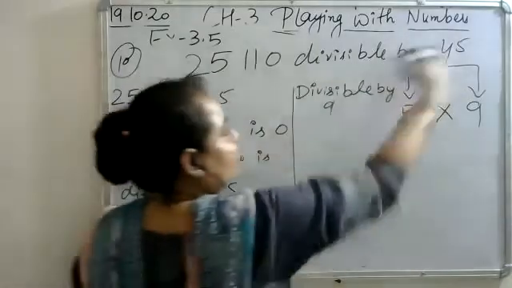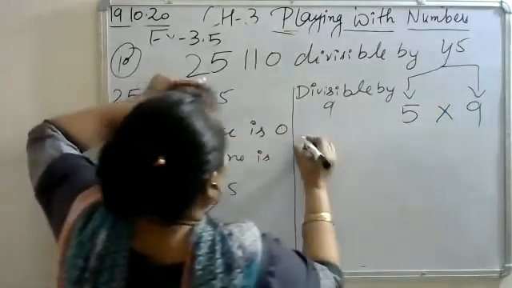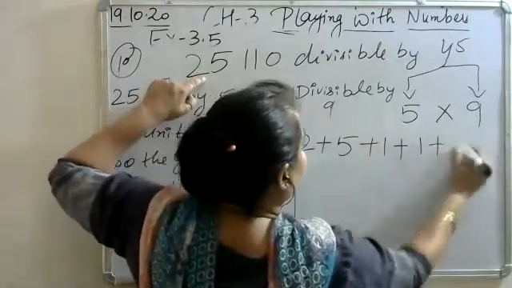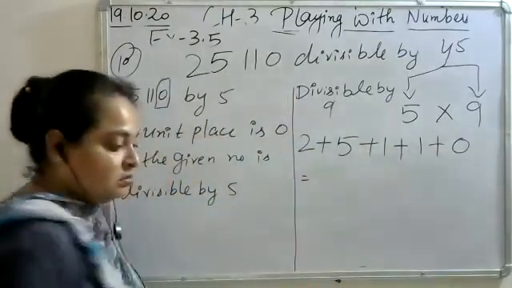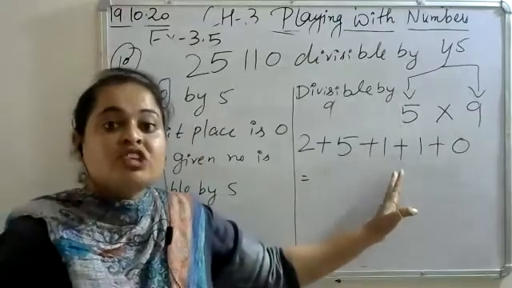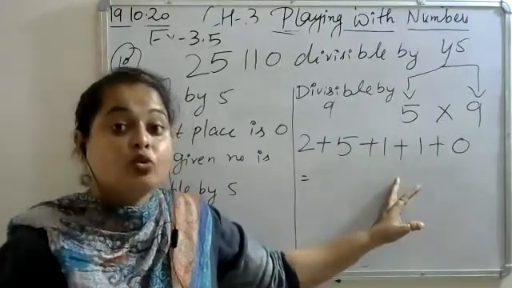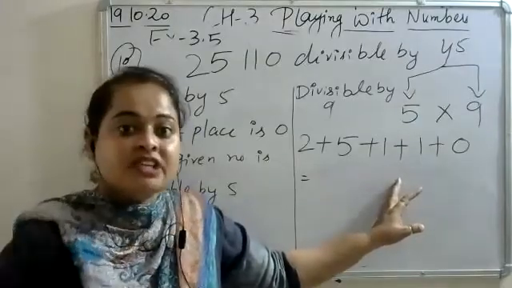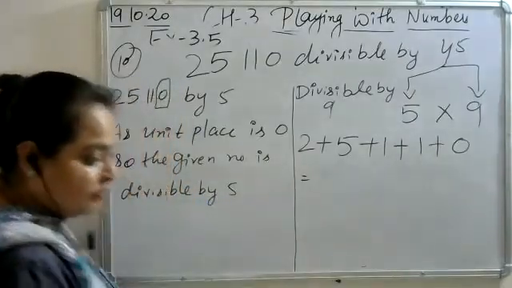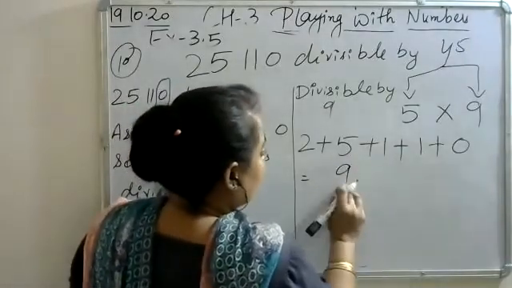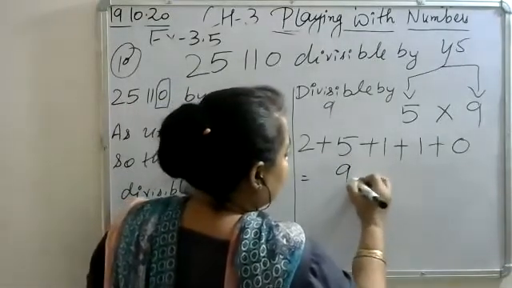Add all the digits: 2 plus 5 plus 1 plus 1 plus 0. This is the rule to check the divisibility by 9. Recall the divisibility rules. Yes. Very good. Now, 7, 8, 9. So, 9 is divisible by 9.